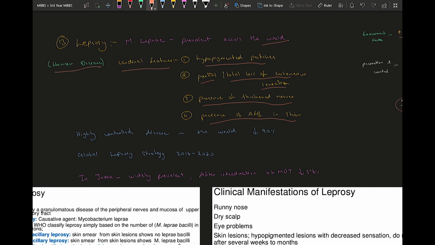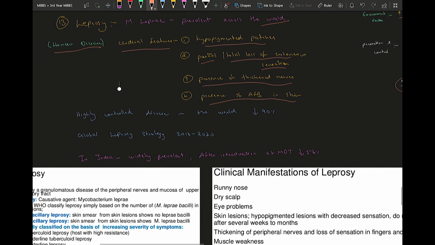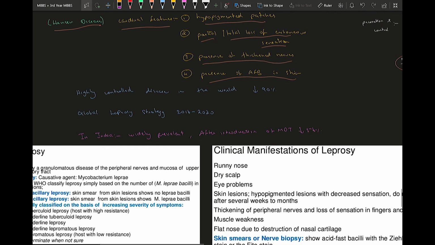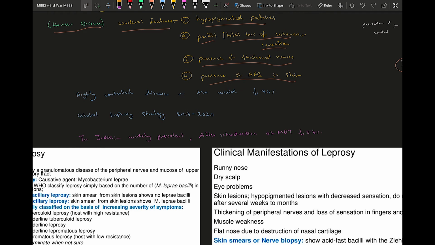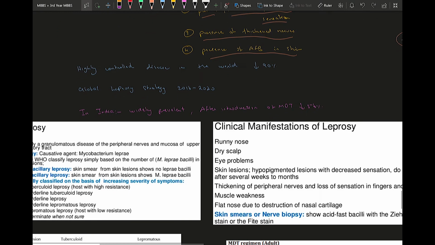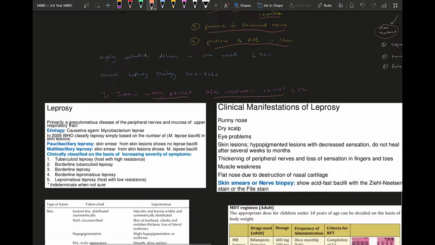It's a highly controlled disease in the world, and it has decreased by 90% due to the integrated management and multi-drug therapy of leprosy. The global leprosy strategy of 2016 to 2020 is what the world is trying to follow now. In India, it was widely prevalent, but after introduction of multi-drug therapy, it has decreased by 56%.